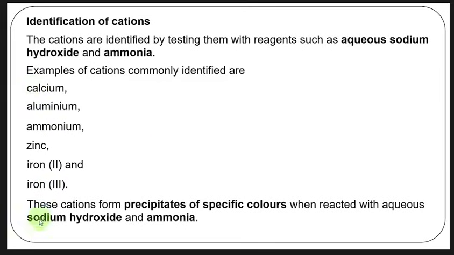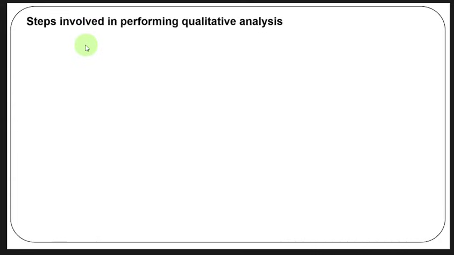So these cations listed here, when they are reacted with aqueous sodium hydroxide or ammonia, they form precipitate of solids or insoluble substances of specific colors, meaning calcium will have its own color, aluminium its own, ammonium its own, zinc its own, iron 2 its own, and iron 3 its own, when they are reacted with these reagents here.